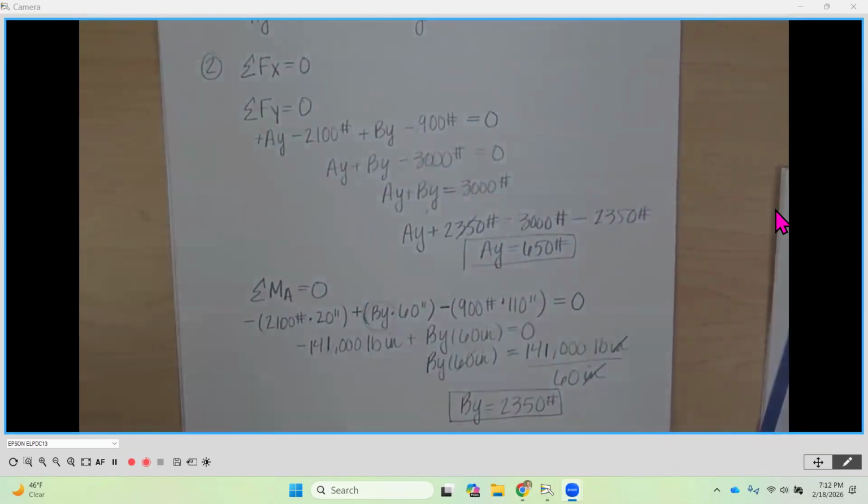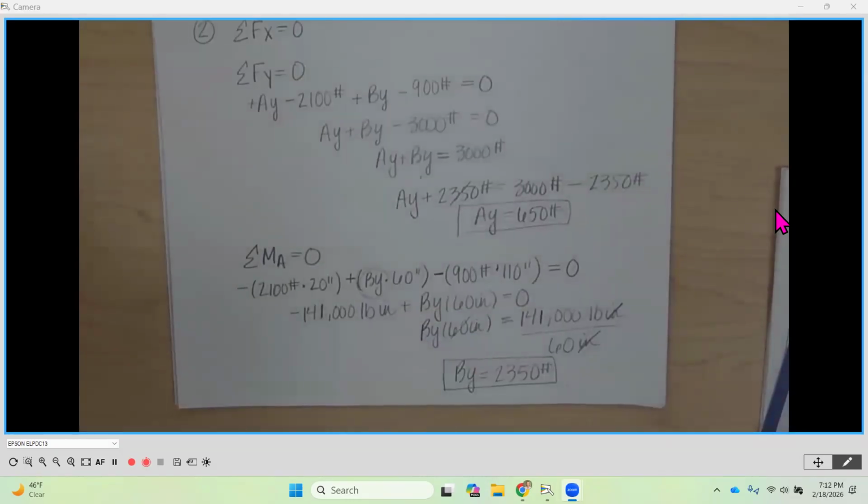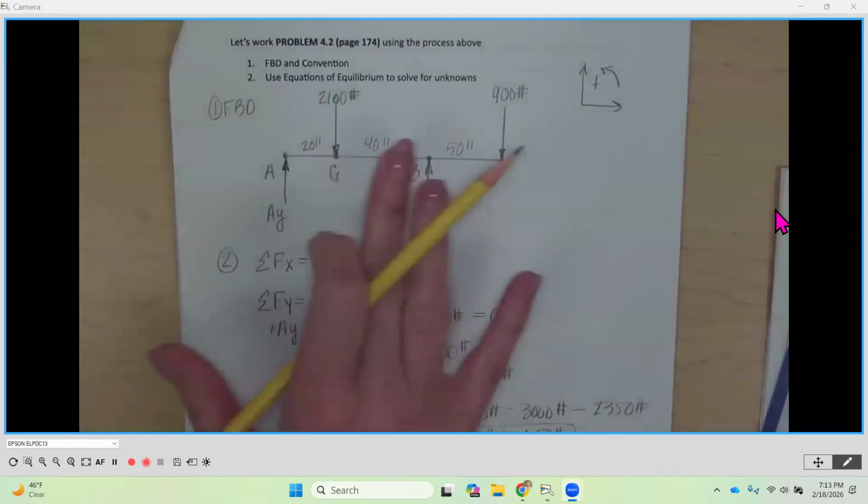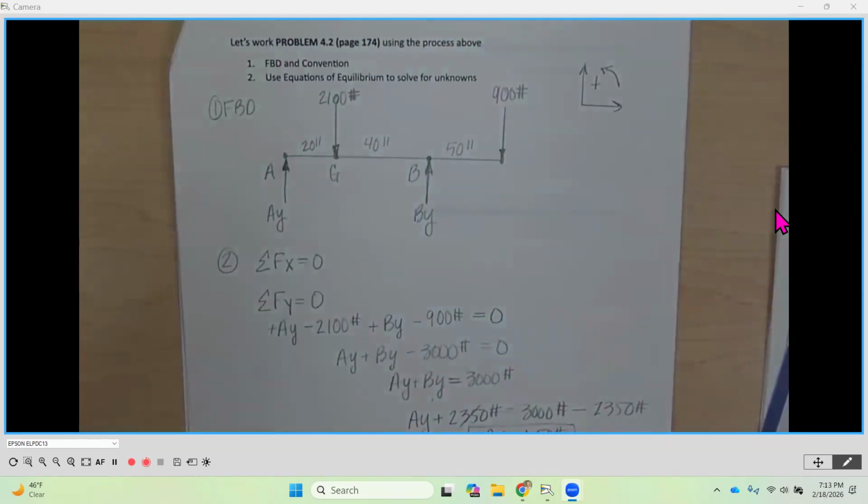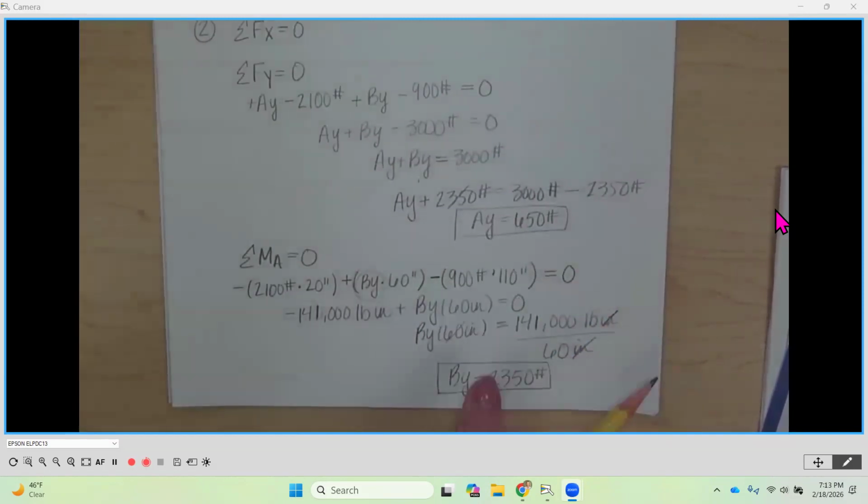I will continue to reinforce that as we go through. That was how I knew I'm okay on my direction, because I have a positive final answer. If you're not sure which way those forces should go, just put the force in, and then you will know if you were okay or not.